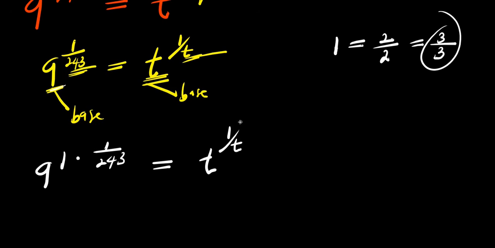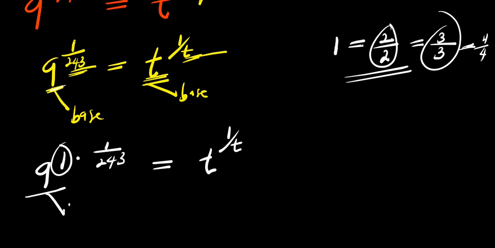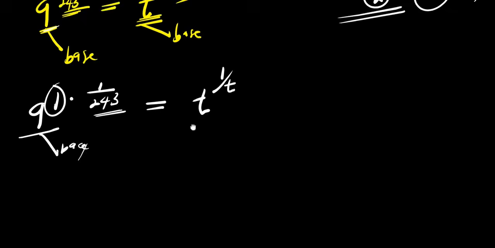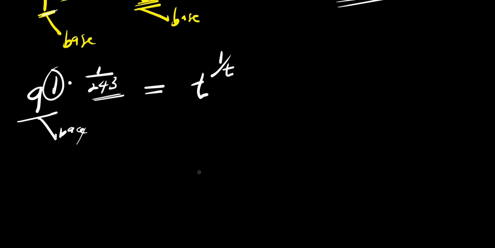Now look at it here. 1 is 2 over 2, is the same thing as 3 over 3, is the same thing as 4 over 4. But I want a number that will make this base here to be the same as the 243 that we have here. So in order to achieve that, I'm going to replace this 1 here with its equivalent, which is 3 over 3. 3 over 3 is the only one that can give us that.